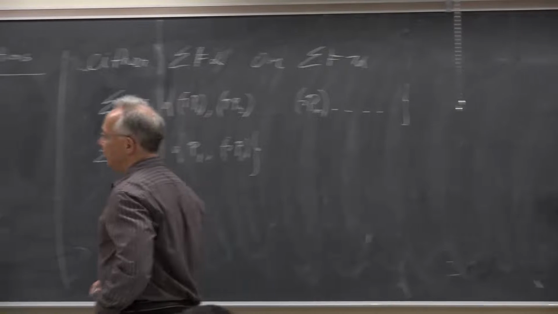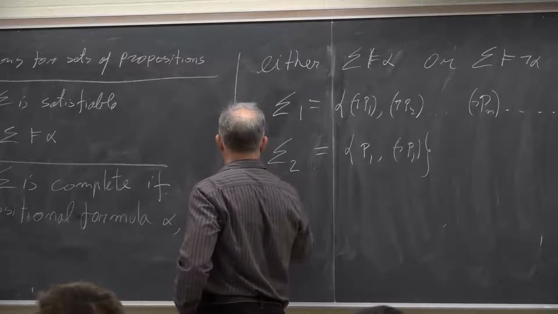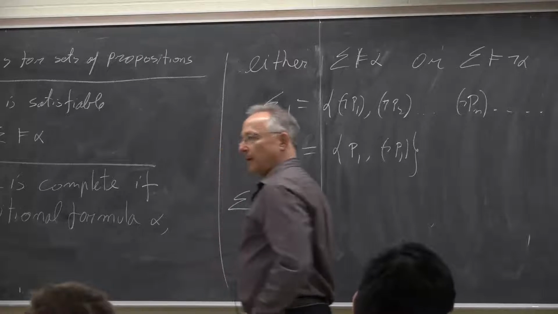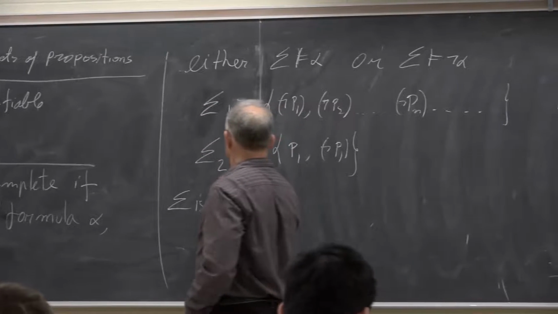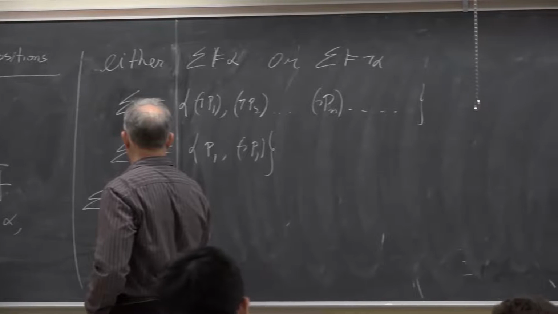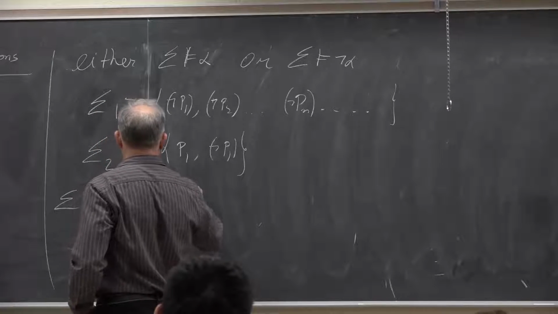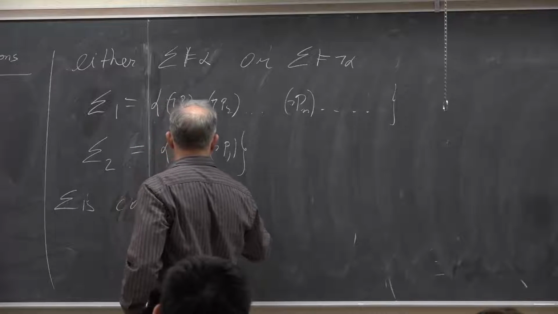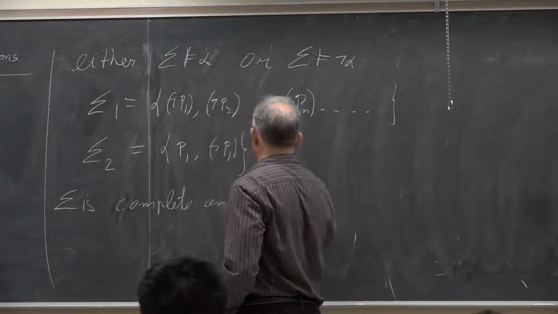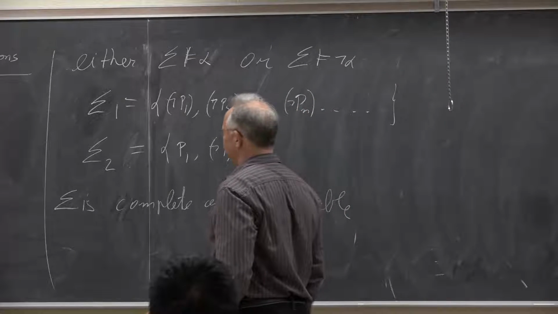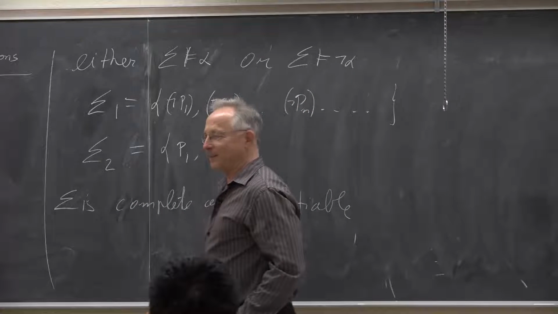So let's say that sigma is complete and satisfiable. It's the obvious thing, right?